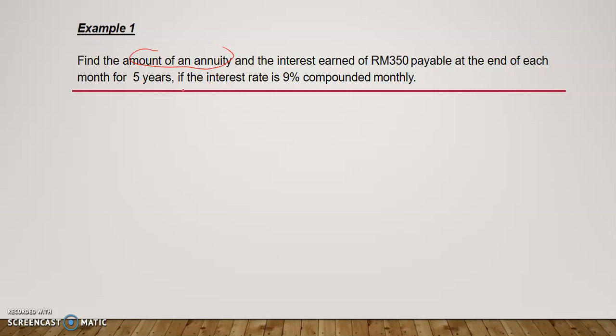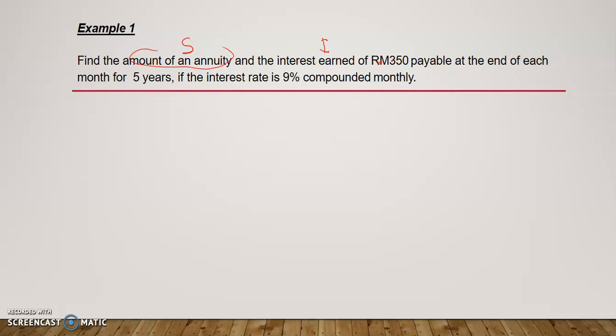Amount of annuity is the future value of annuity, so this is S. Interest earned is I. This 350 ringgit is paid at the end of each month. It means we make an investment every month. When we invest every month, that is the annuity concept, not the normal compound interest concept.